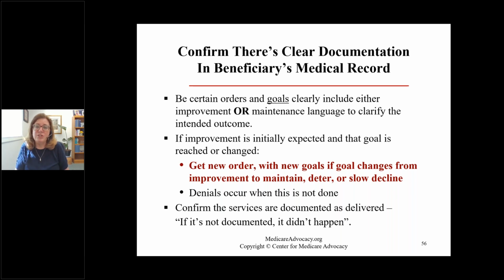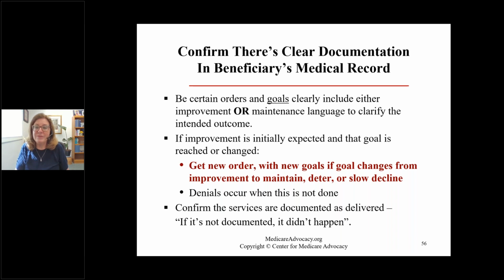Mostly it has to do with the documentation in your own medical record that confirms the fact that you do have difficulty leaving home, that leaving home is a taxing effort for you, and that you need skilled services to either improve or to maintain or to prevent decline of your condition. If your service needs change, your goals change, you may have had improvement goals and now you have maintenance goals, make sure that the order is changed.